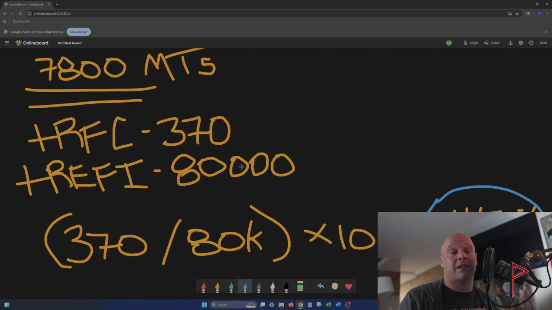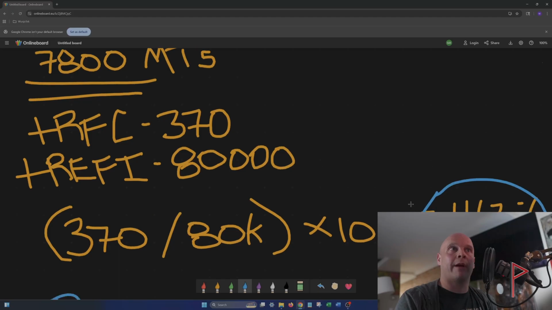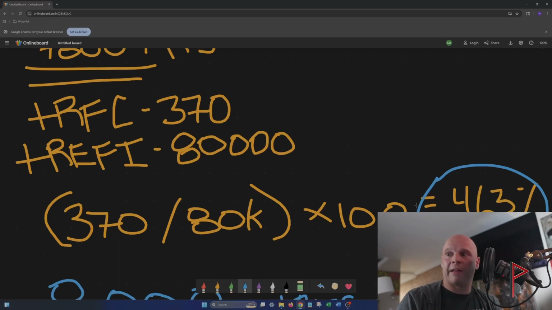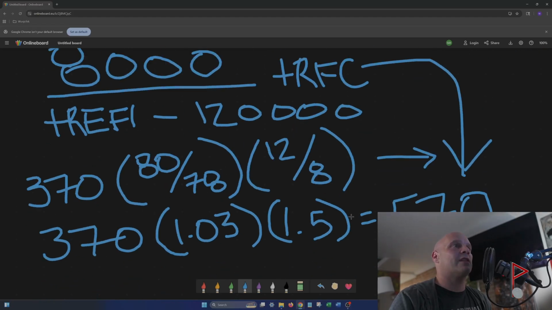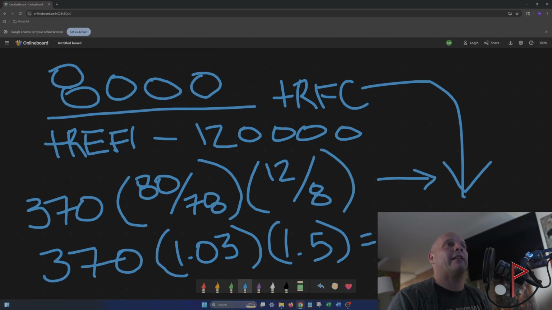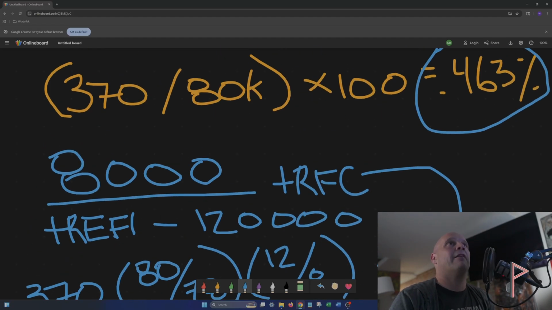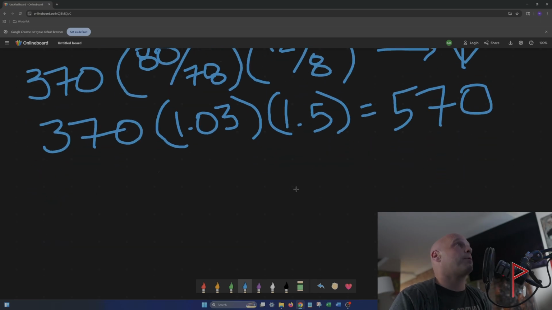Like I said, that's a complicated formula. But the percentage of its refresh recovery time relative to its refresh interval, we calculated at 0.463% at 7,800 megahertz. At 8,000, we calculated that value at 570. What is the percentage?